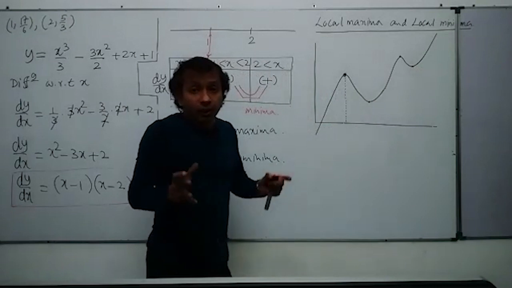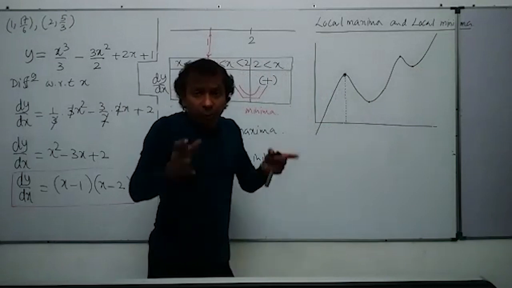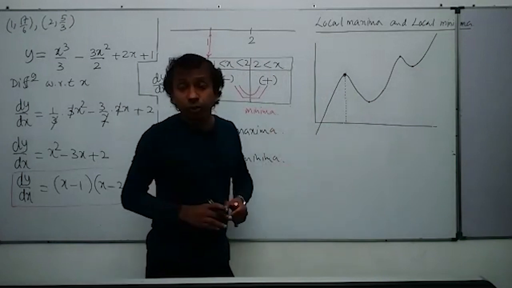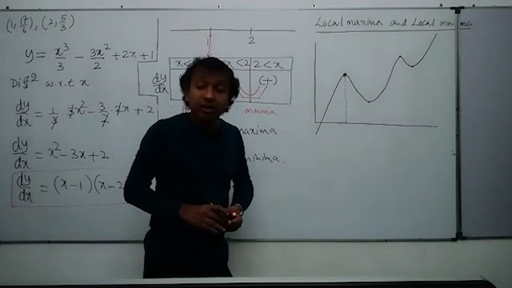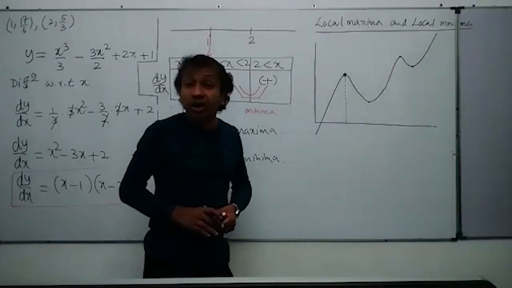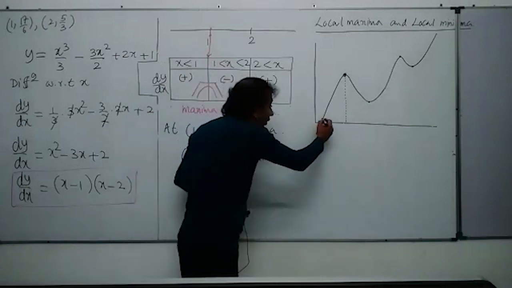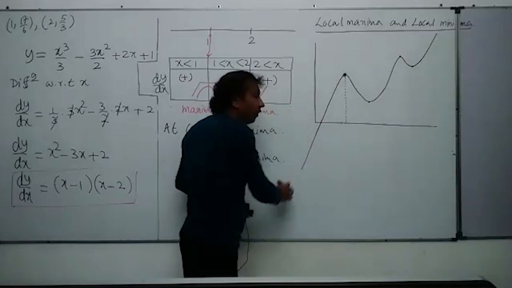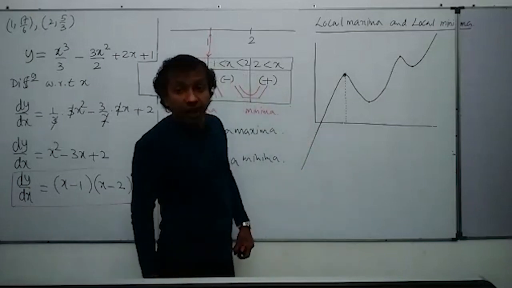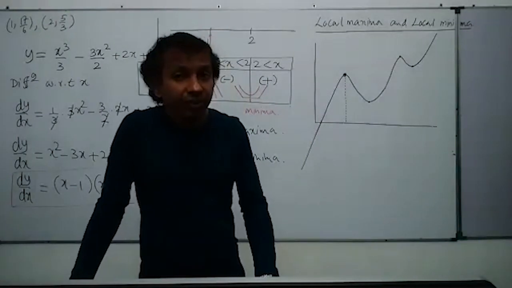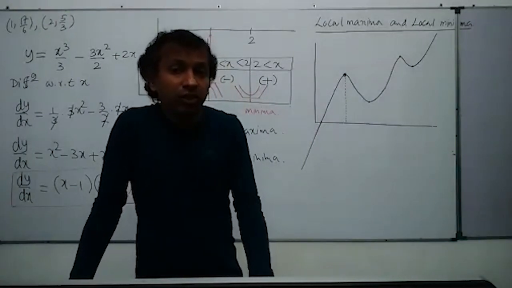Why? Those points have minimum y values compared to the y values of the neighboring points on either side of those two points. But the overall minimum value of the whole graph, if we consider it this way, the graph is running to negative infinity. These y values are really negative. Negative values are anyway less than the positive values. So that way we identify local maxima and local minima.